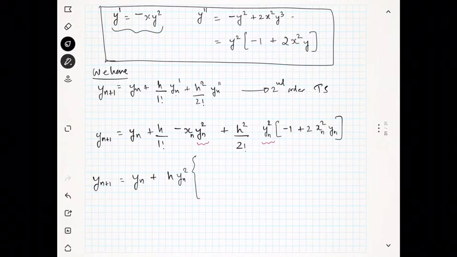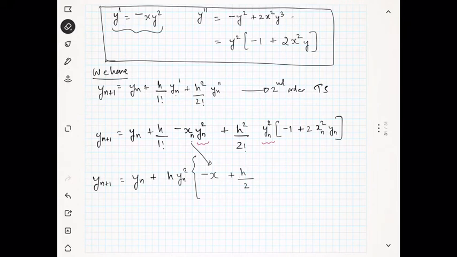Inside, what is remaining here, minus xn is remaining, and yn square is already taken out, plus h square by 2 factorial means h square by 2, and you have already taken one h outside, so this is nothing but h by 2. Or you can use the previous equation directly itself. I am just going to simplify, that's what.